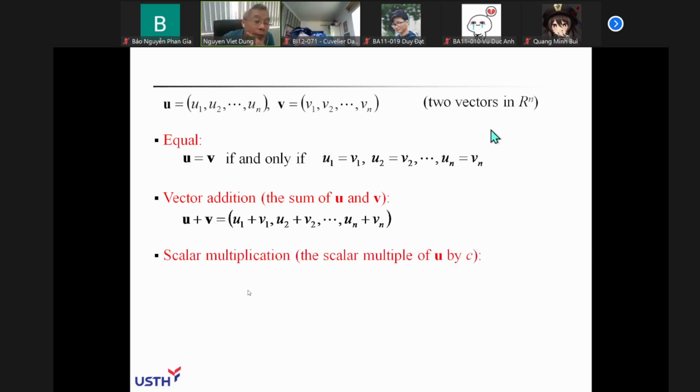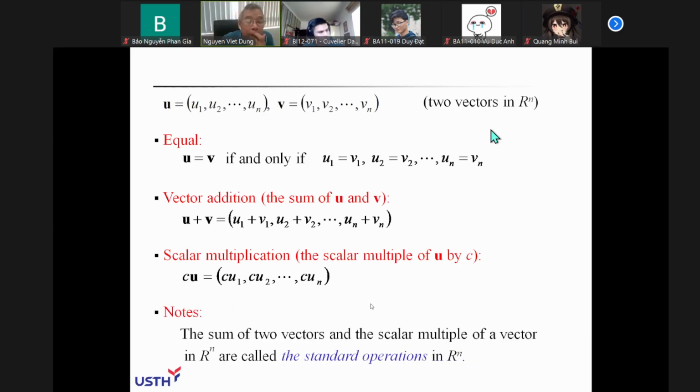Similarly, we can define a scalar multiplication. That is a scalar multiple of u by a number c, or by a scalar c. Given a scalar c, we define cu to be a new vector with the coordinates cu1, cu2, up to cun.